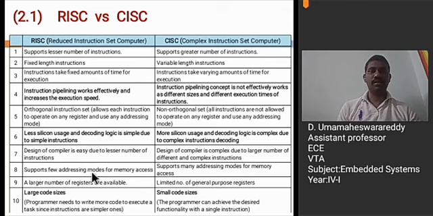And coming to RISC, a large number of registers are available. Why? As instructions are simple, the code size increases and the operations also increase, so you need a large number of registers for storing temporary variables.